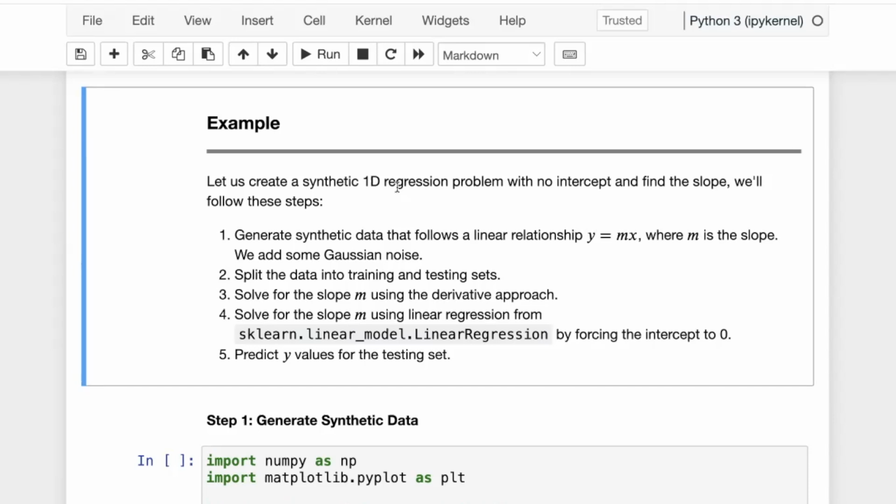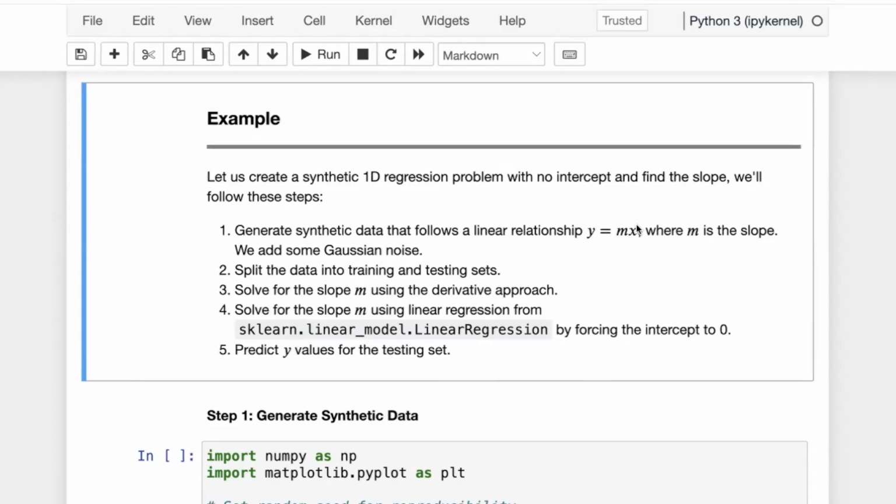To make this simpler, we are going to assume that we do not have an intercept, and the goal is just to find the slope. So when we create the data, we just use y equals mx. There is no b here, and we just want to find the slope.